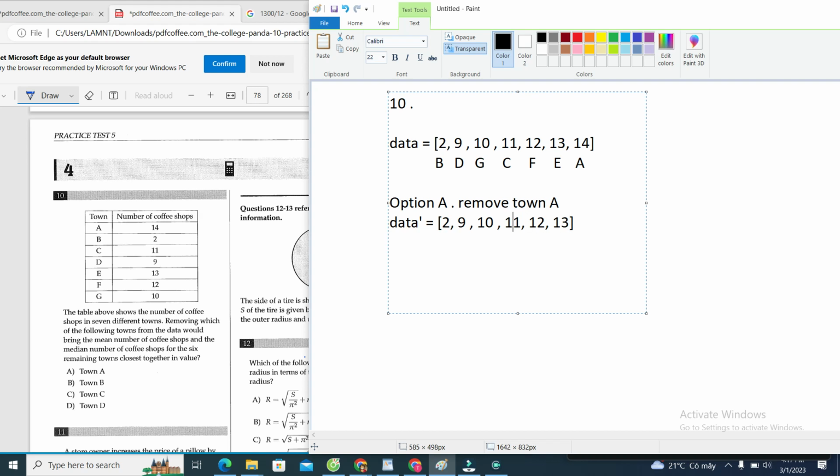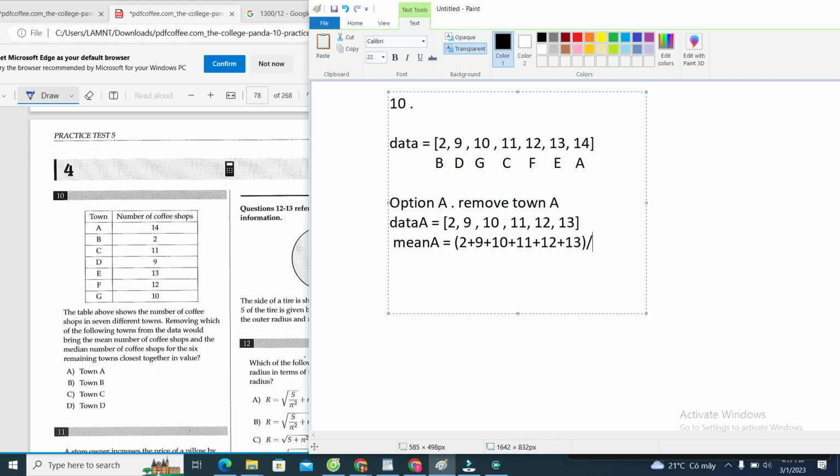Data A. So let's say mean A. Mean A is going to be this sum divided by 6. You have to calculate this: 2 plus 10 plus 11 plus 12 plus 13, over 6.